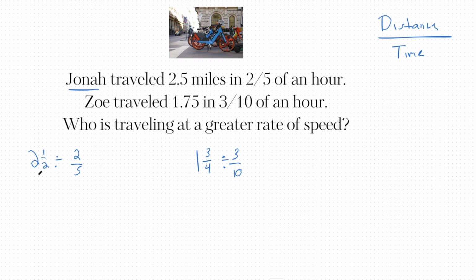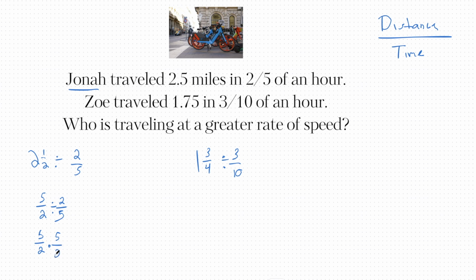So 2.5 can be changed to an improper fraction. So that's going to be 5/2. And then I'm going to divide that now by 2/5. Now, just a quick reminder, the way you divide fractions is you multiply by the reciprocal, right? So it's going to be 5/2 times, well, the reciprocal of 2/5 is 5/2.